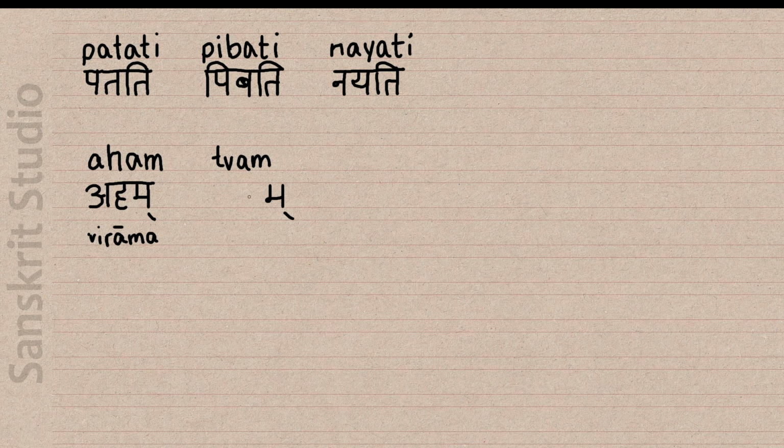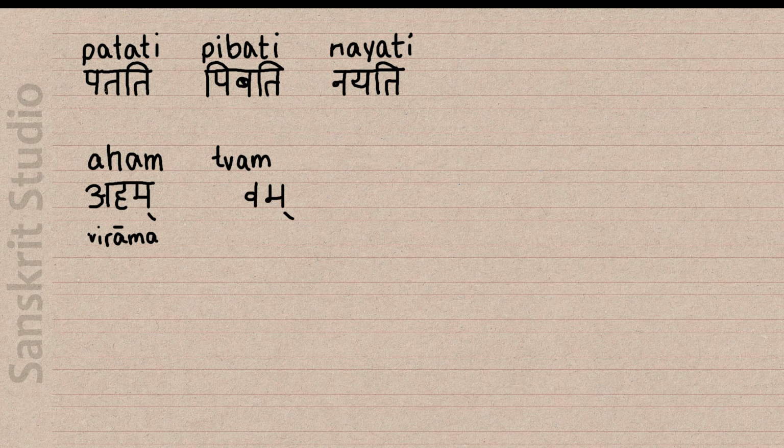So let's just do that for now. And wa almost looks like a b, but without the diagonal inside there, so it's just a circle or an ellipse. So this is wam, but now we need the t to put there. What do we do? Well, let's go up to nayati, for instance.